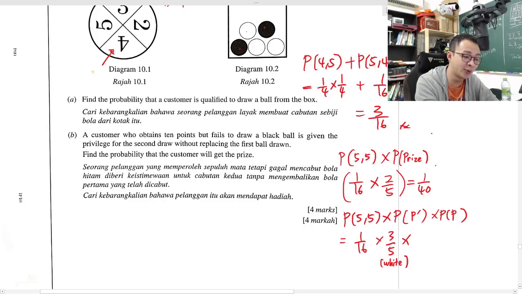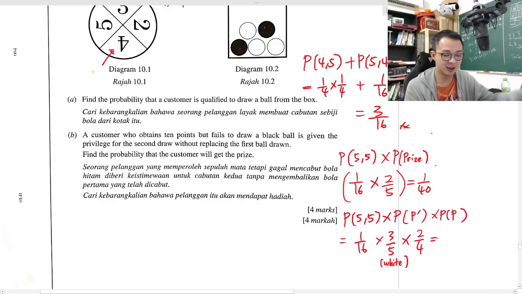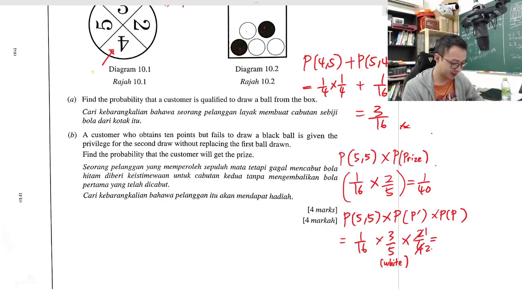Black will be 2 out of 4, because without replacement: I take the white ball out and don't put it back. So it will be 2 out of 4, which simplifies to 1/2. So 16 times 5 times 2 is 160. So it's 3 out of 160.